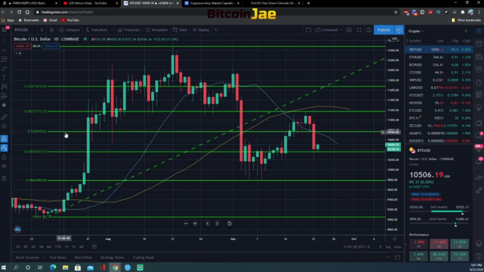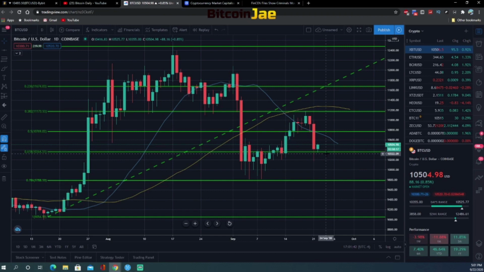But remember, these are always zones. They are never exact numbers. They're just zones. All right. So if you look here, the way I would set up my trade is I would enter at 10,400. I would probably put a stop loss around $50 to $100 away from where my entry price is.